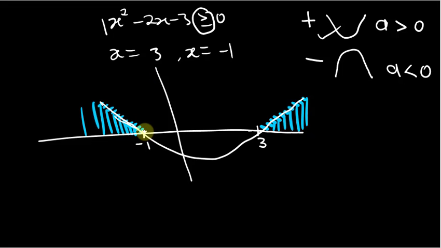So we started from this -1 and started shading up to this side, and as I said, we can shade up to negative infinity.